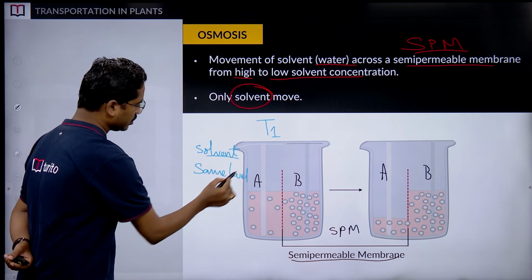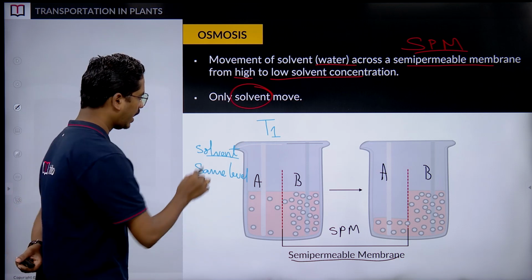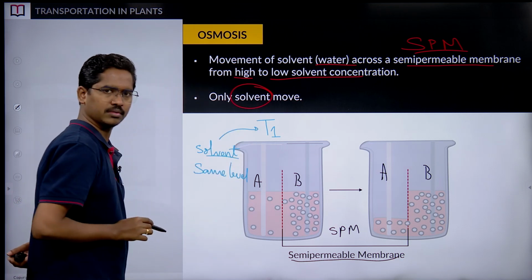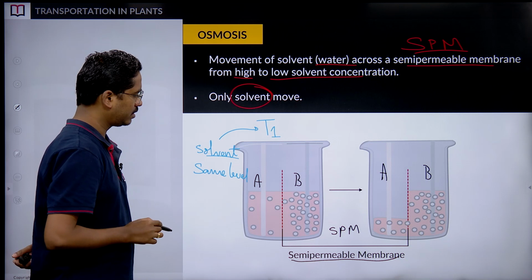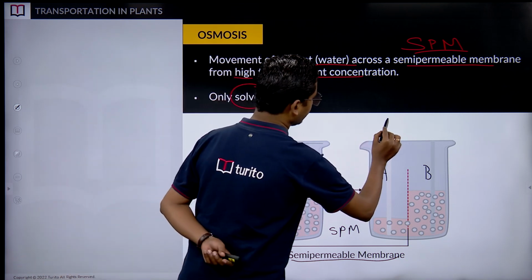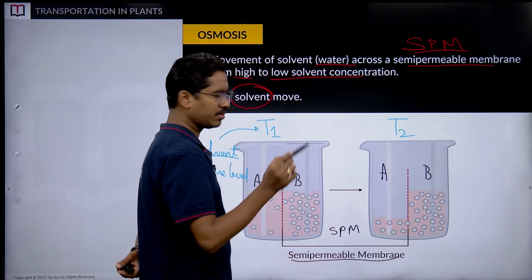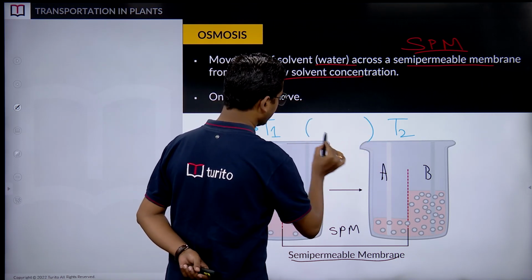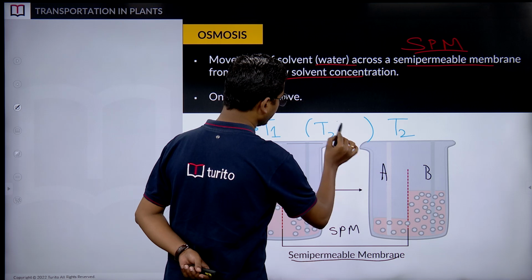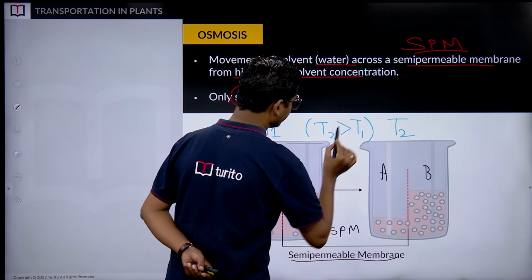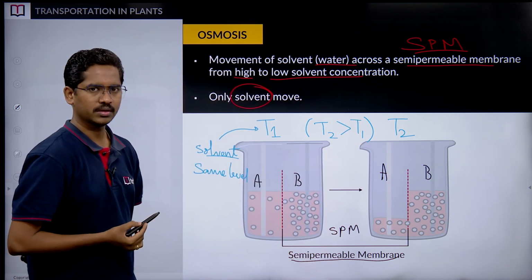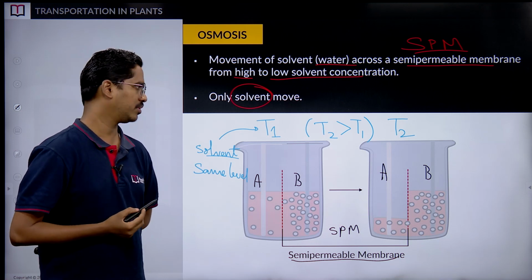So, solvent in both the regions is at the same level at time t1, got it. And when time went on, at time t2, I have to mention that condition here again, that is t2 is greater than t1, obviously time has to pass. So, t2 is obviously greater than t1.